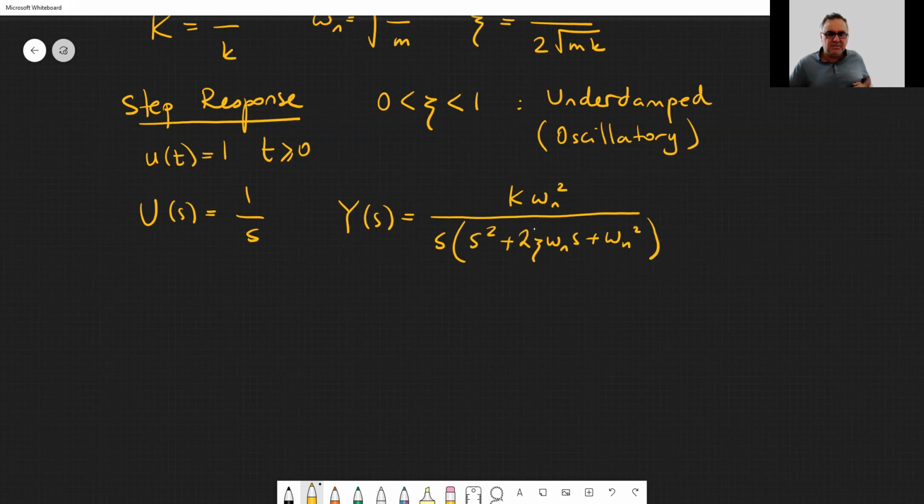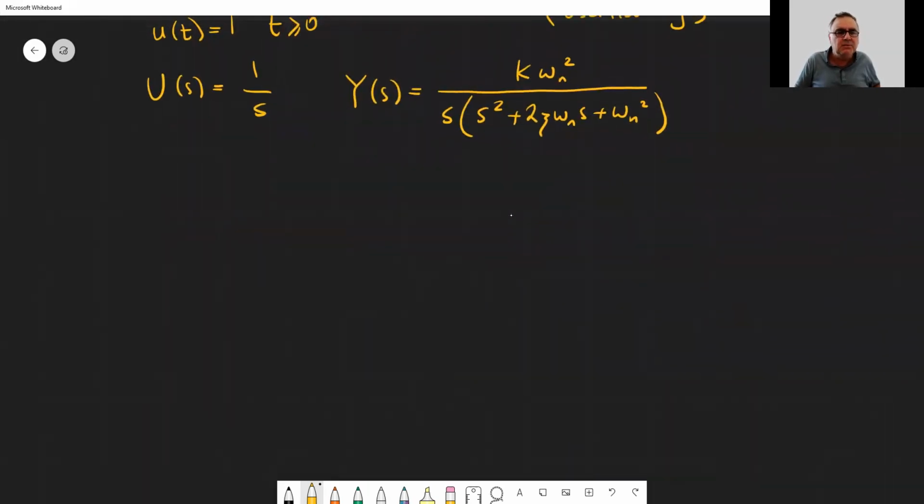You can find the partial fraction expansion of this and invert the transform and so on, but this will take a lot of time. I will just give you the result of this.